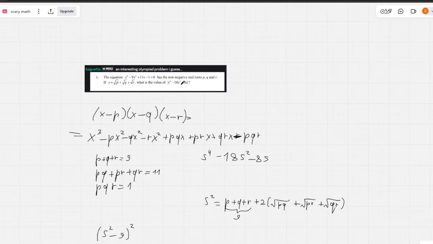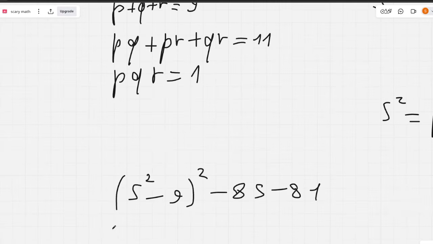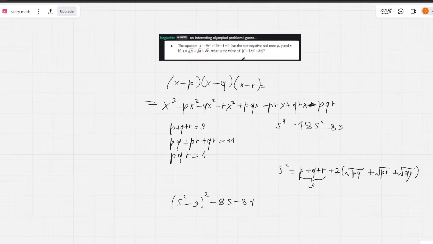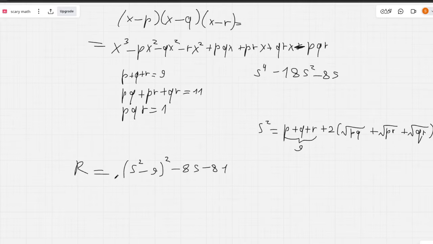Now since we had 81, we need to subtract it, so minus 8s minus 81. That's going to be the same as this expression over here. Call it big R, the result. So now since we have 9 here, it can just become this thing here.